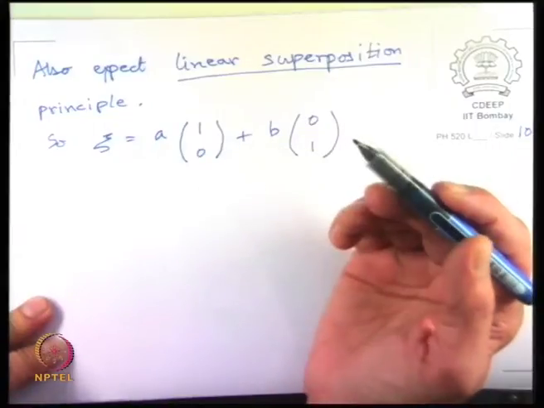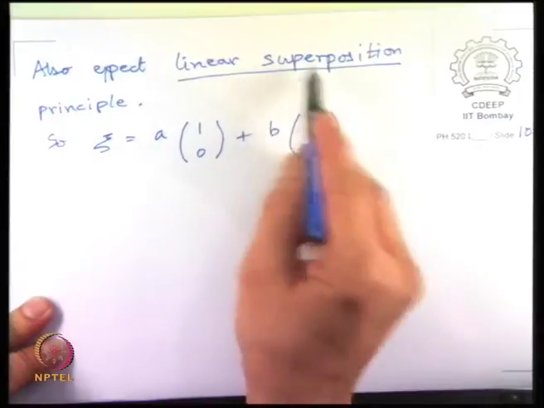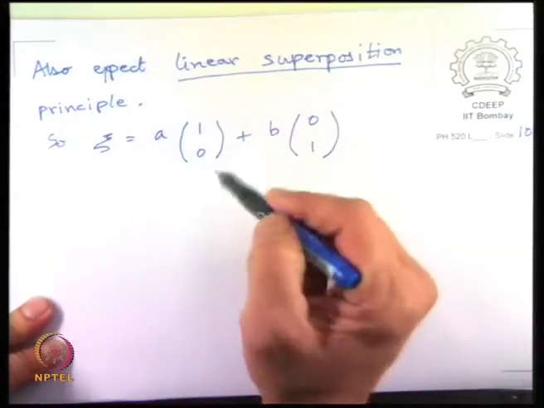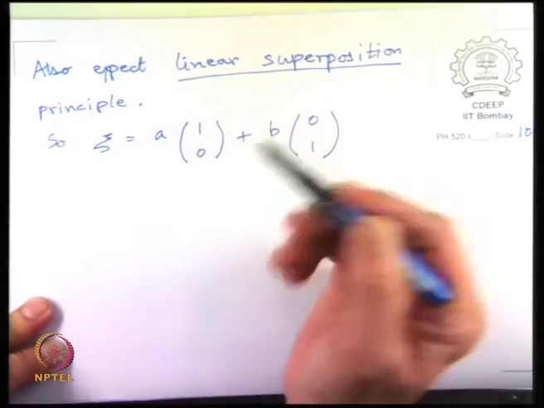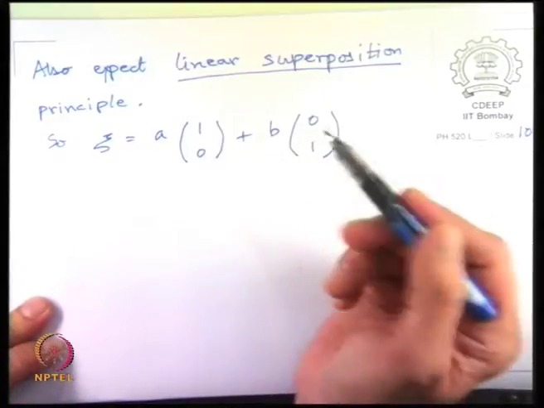Vectors are linear spaces. So if this state obeys linear superposition, then it should be expressible as a linear superposition of a basis, and that basis, if it is two dimensional, would be just (1,0) and (0,1).